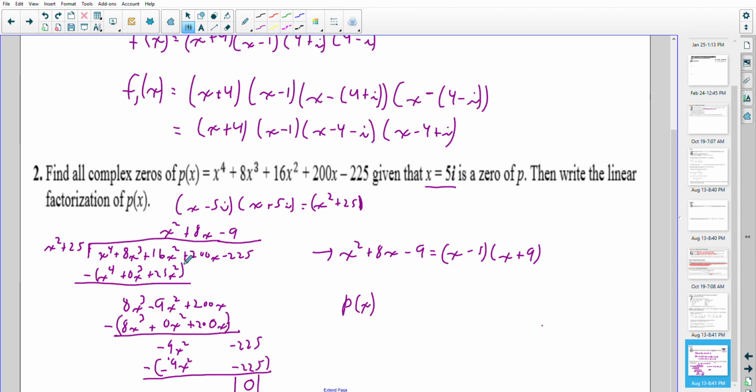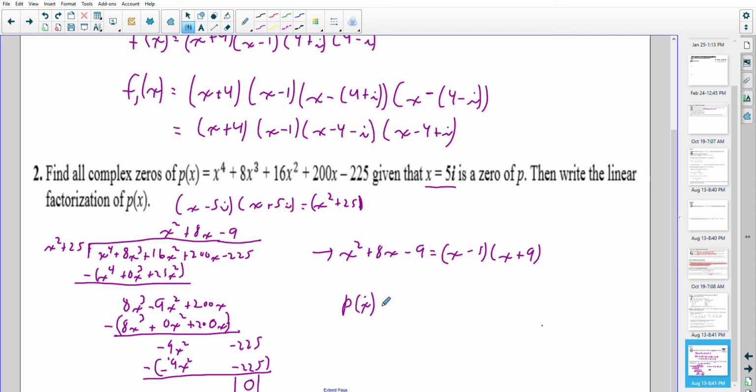Once you have that information, then you're looking at taking this quotient and figuring out, can you factor? And you can. If you couldn't factor, then you could use the quadratic formula and find out the two irrational numbers or imaginary numbers.